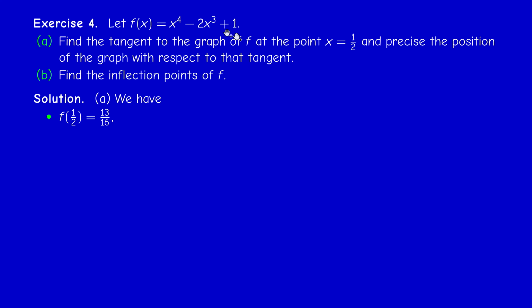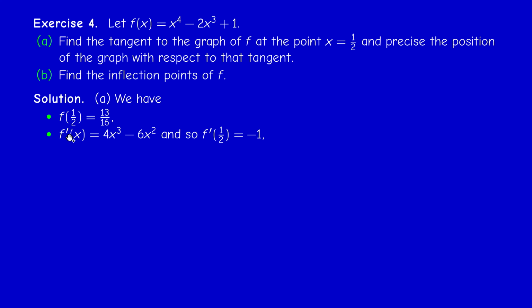So now we want to find the tangent near 1/2. One way that you may know is to write x as x minus 1/2 plus 1/2, raise to the 4th power and then expand, and do the same thing here. This is one way. Or you can do the Taylor approximation up to order 3 if you like, or 2 is enough actually.